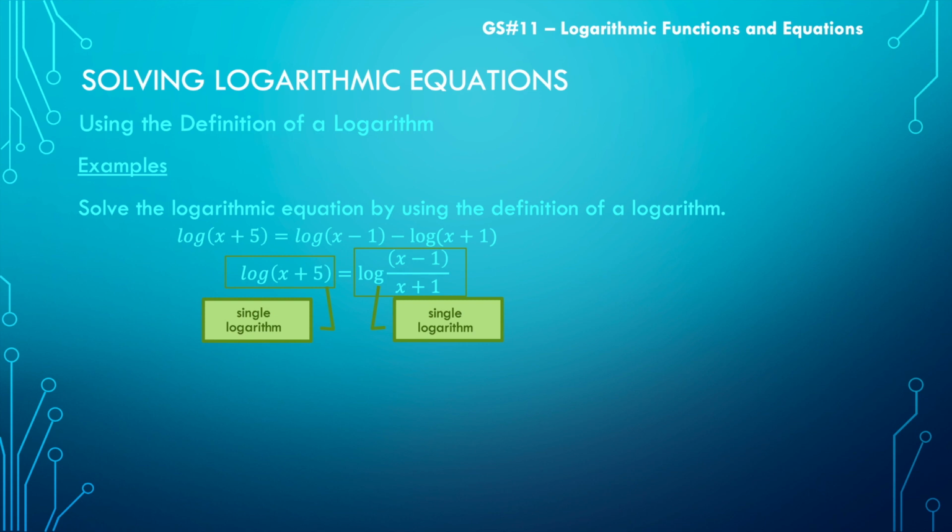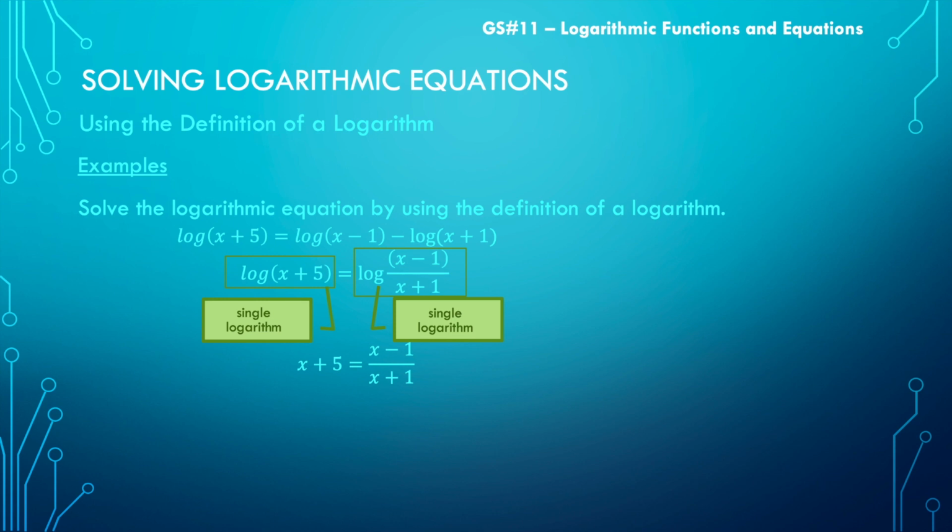Okay, so now I have a single log equal to a single log. So now I can drop those logs and equate the arguments and then solve the resulting equation. So I have the equation x plus 5 is equal to (x minus 1) over (x plus 1). To proceed there, I would want to get rid of that x plus 1 in the denominator by multiplying both sides by x plus 1.